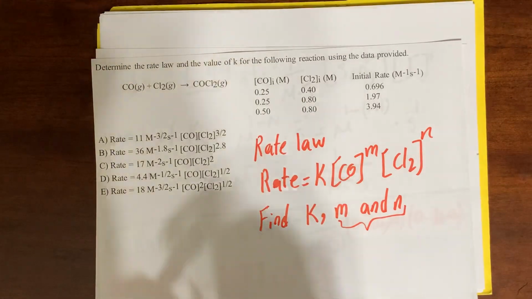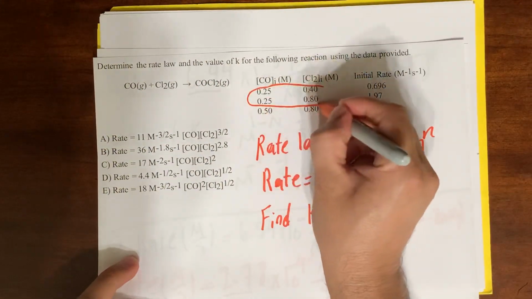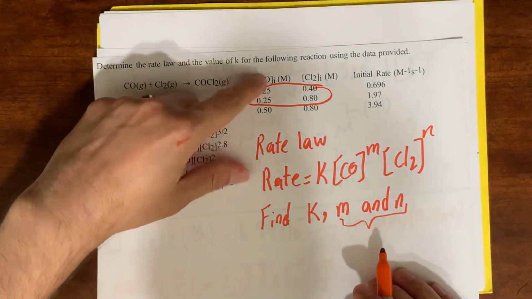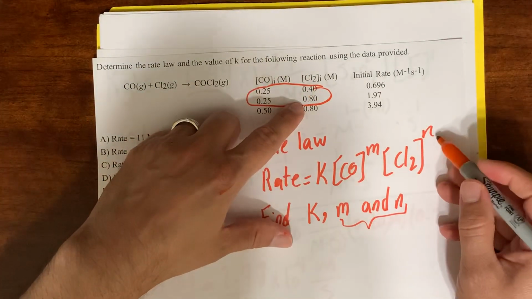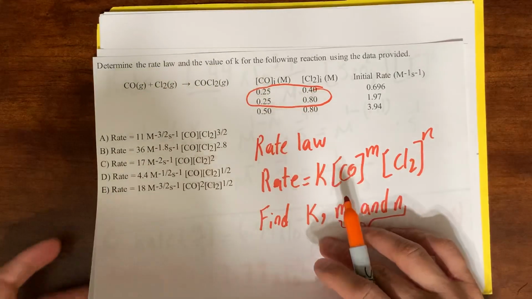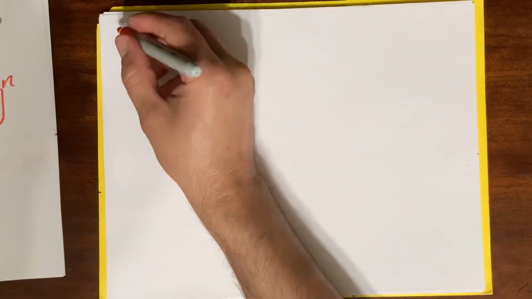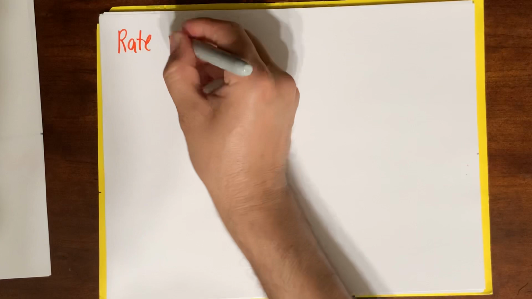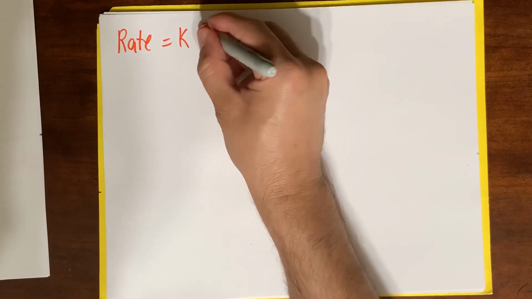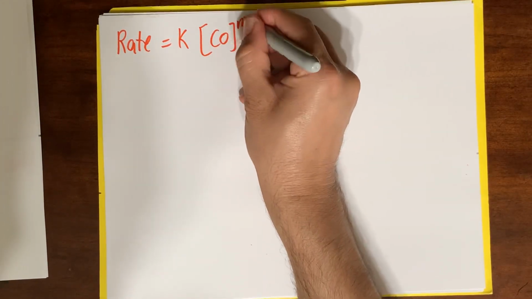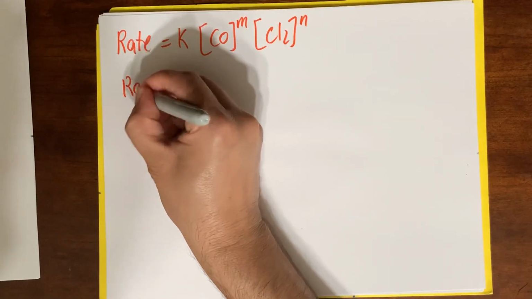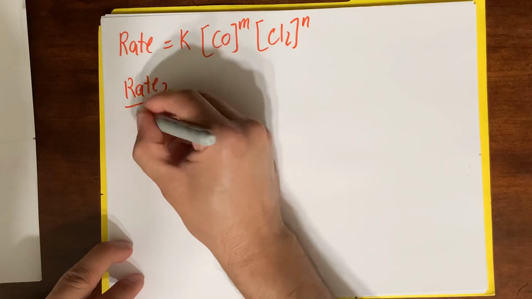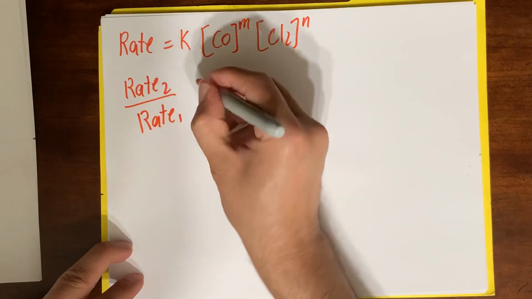Okay, so I'm going to start with these two. CO is the same, so that means the first thing we'll get is N, the exponent for Cl2. So we go with rate equal to K, we don't know it, CO to the M, and Cl2 to the N. So go with rate of the second reaction divided by rate of the first reaction.